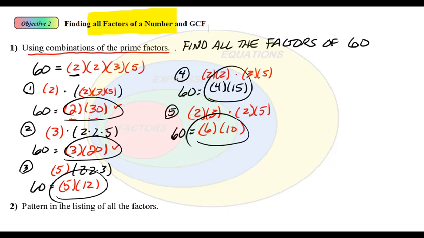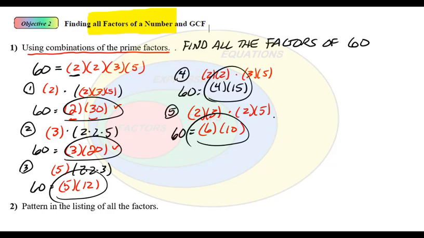Are there any other combinations we haven't done yet? If you think of the combinations where we have one factor with the other 3, these are all the different ones. I can't do another 2, I would just get 2 and 30 again. We have combinations of 2 of the factors, like 2 and 2, 3 and 5, 2 and 3, 2 and 5. Are there any that we haven't done?